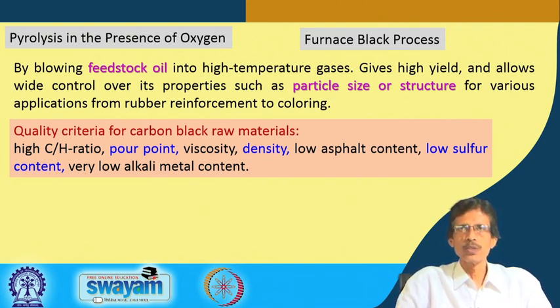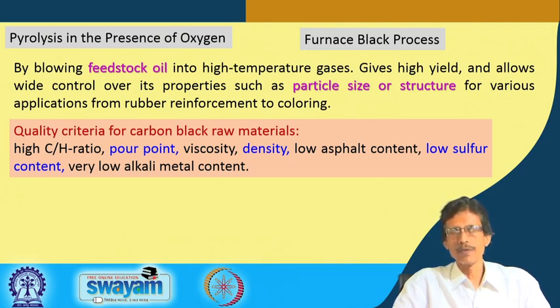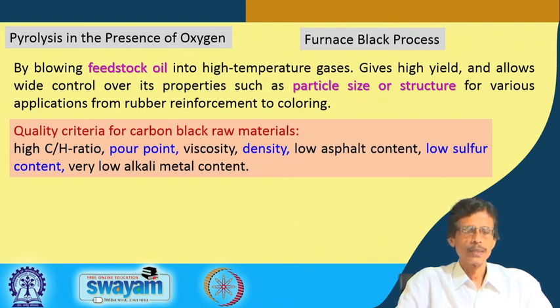The carbon to hydrogen ratio is pretty high. You can use that methane as the feedstock, the only thing is that you have to remove the corresponding hydrogens available on the carbon. So, if you have a high carbon to hydrogen ratio, that will be the most useful one as your carbon black material.